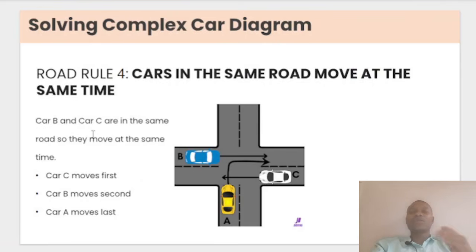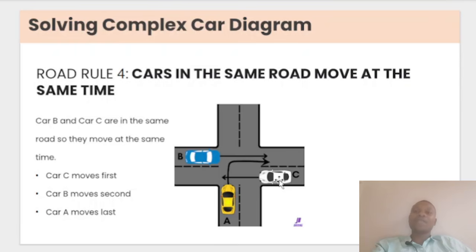Now, here let's look at road rule number 4, which states that cars in the same road move at the same time. This is just a principle of taking advantage. What do I mean by cars in the same road? You can see that car B and car C are oncoming traffic. They are facing each other, so they are in the same road.